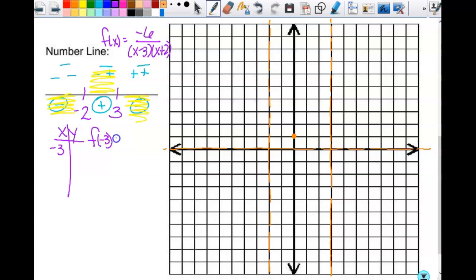When I substitute that in, it's going to give me -6 over -6 times -1. So what does that give me? -1, right? So I can go to -3, -1. Do you feel like that 1 point is enough, considering where it is? Yeah, I think it's probably enough. So go through here, boom, like this.